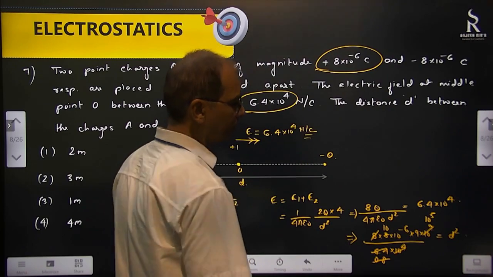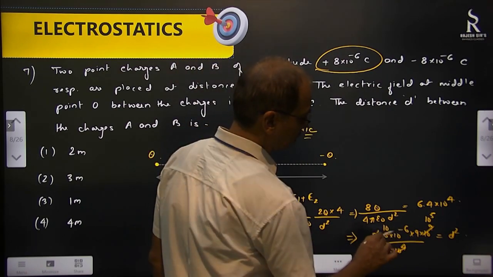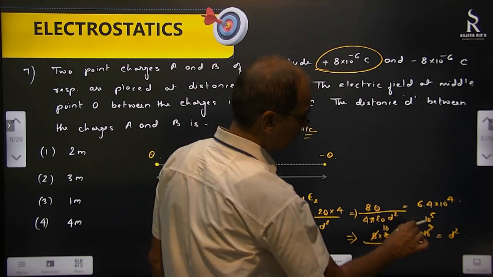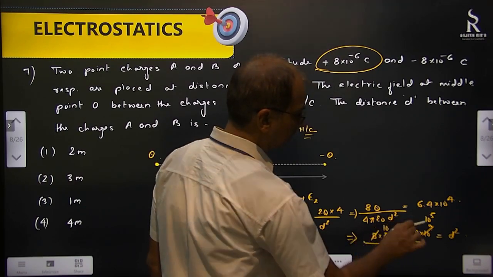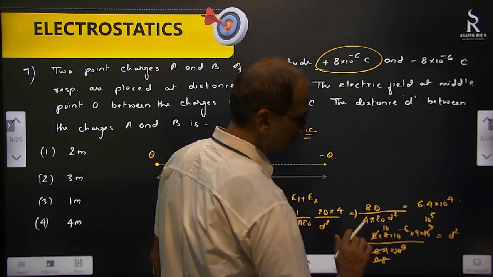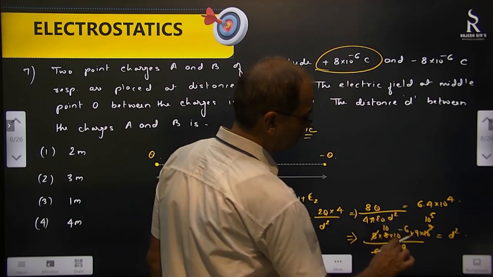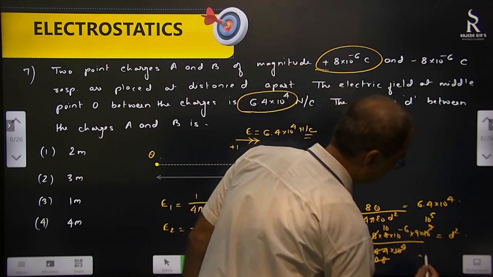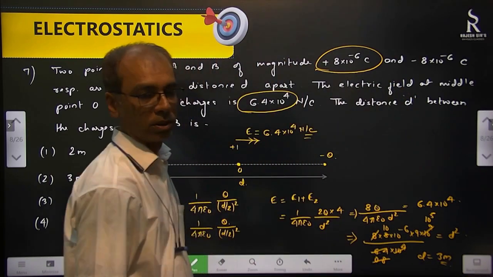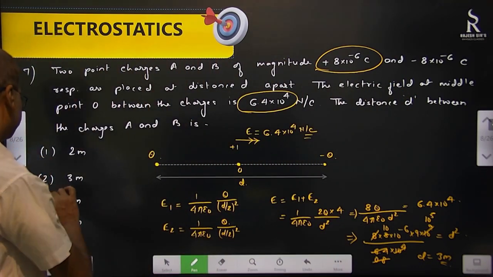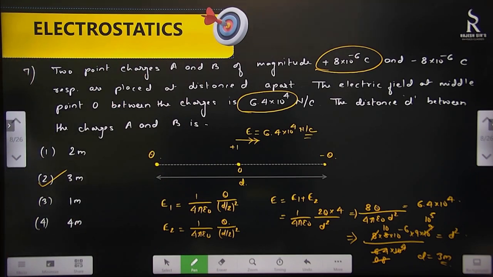This is 10 to the power minus 6, and this is 10 to the power 5 and into 10, that is also 10 to the power 6. 10 to the power 6 and 10 to the power minus 6 cancelled. Only 9 is coming. So 9 equal to d square. So that means d equal to 3 meter. That's all. Simple calculation. Our answer is 3 meter.